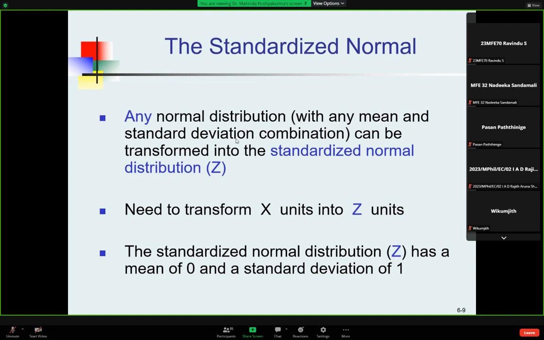That means we can convert x value into z value. Then it is what we call standardized normal distribution. In the standardized normal distribution, mean is 0, standard deviation is 1.